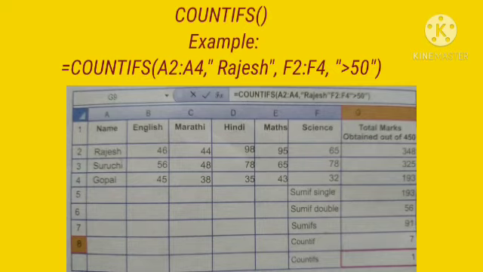Now student, in the above example the result is 1. Why? Because in cell range A2:A4, 2 cells contain the value Rajesh, but in cell range F2:F4, only one cell contains a number greater than 50, as given in the figure.